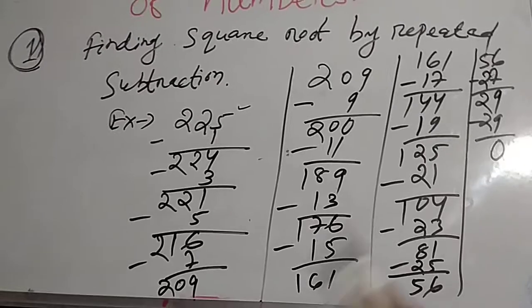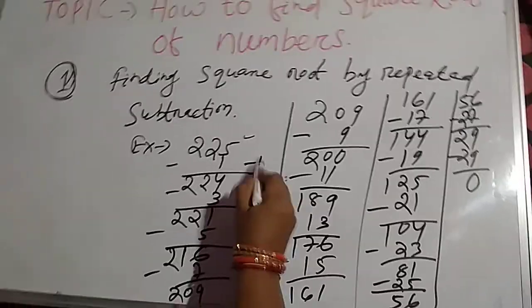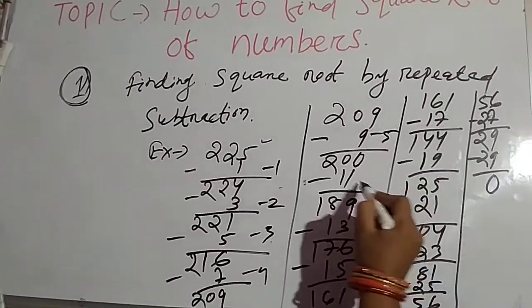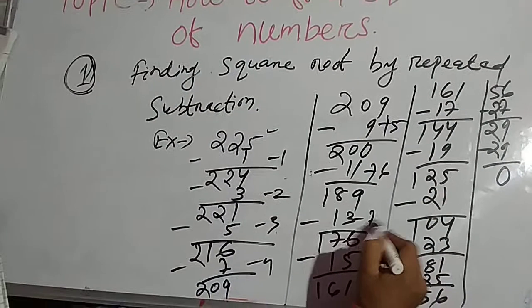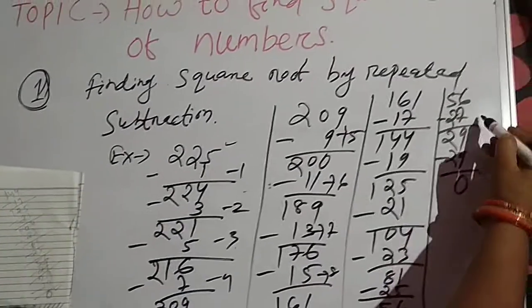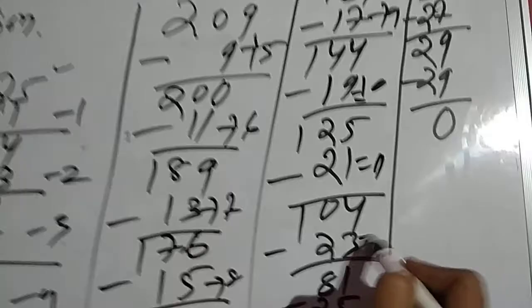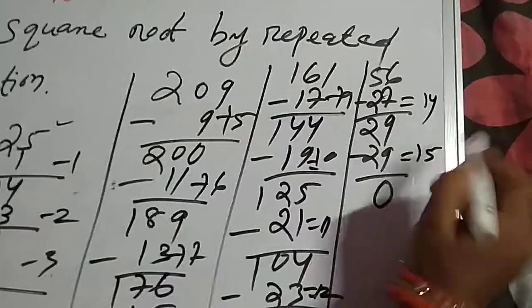We subtract repeatedly. So how many times did we subtract an odd number? 1, 2, 3, 4, 5 times, 6 times, 7 times, 8 times, 9 times, 10, 11, 12, 13 times, 14 times, and lastly 15 times.